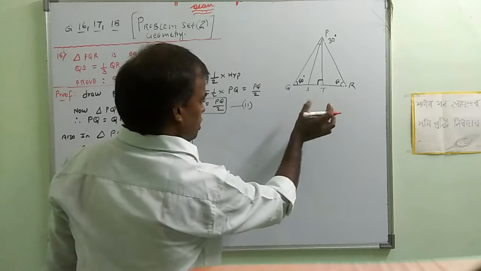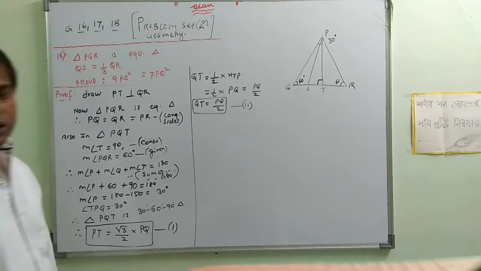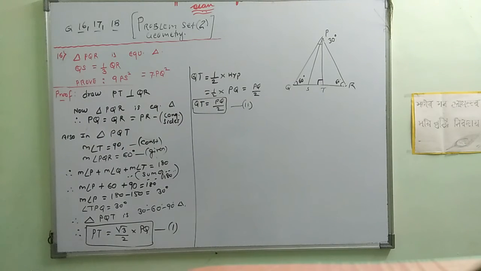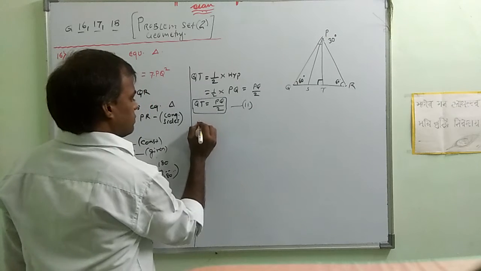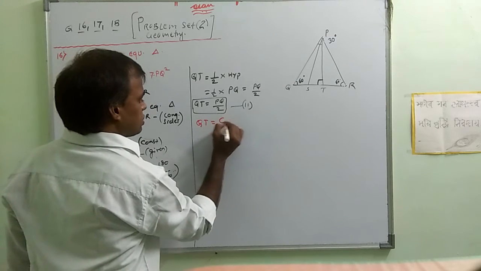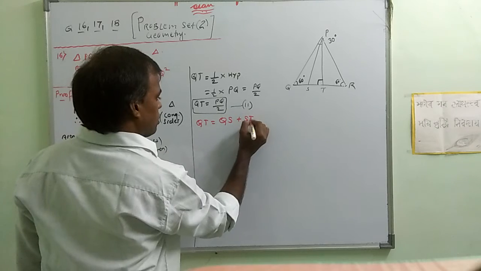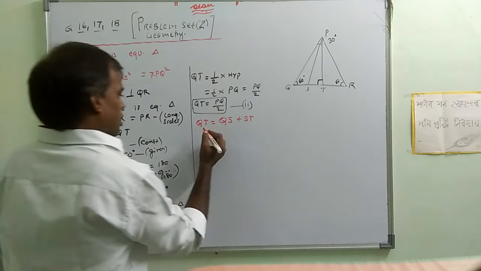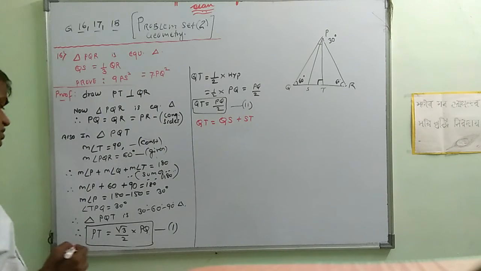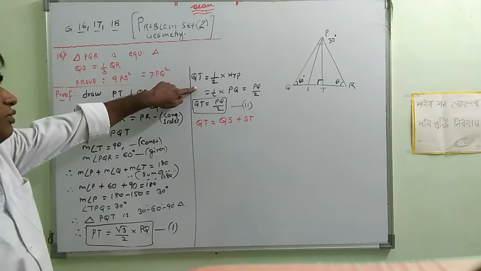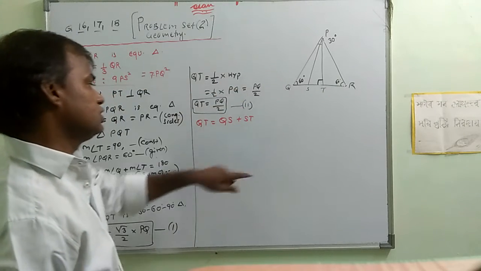Now what is QT? QT is QS plus ST. QT equals QS plus ST. But here QT means PQ upon 2.